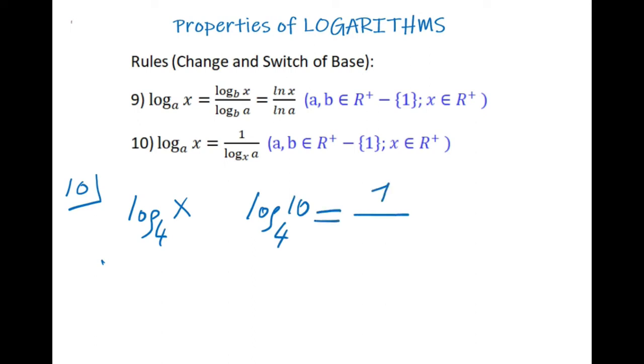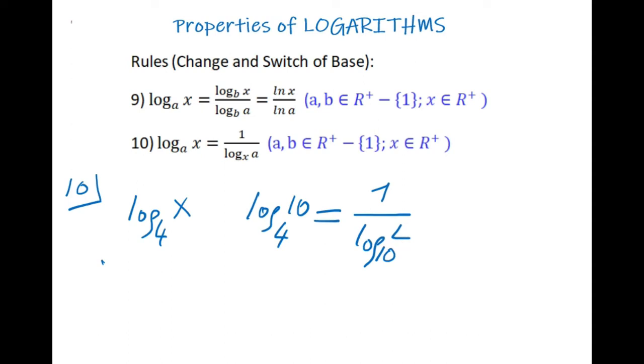This is going to be equal to 1 divided by logarithm of, now 10 becomes the base, and the base, which is 4, becomes the number. So in this case, you can switch the base and the number. These are very useful properties that you may encounter in logarithm questions. So we need to practice to grasp the idea of those 2 properties.